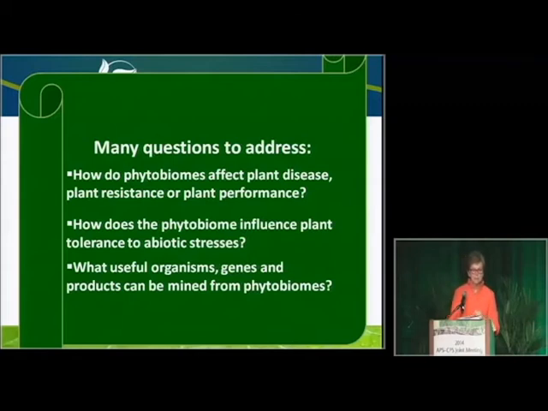How does the phytobiome impact plant tolerance to abiotic stresses? So if the temperatures go up and down, does the phytobiome help the plant temper those responses? And from an industrial point of view, what useful organisms or products of those organisms can we mine from the phytobiomes and use in the future?